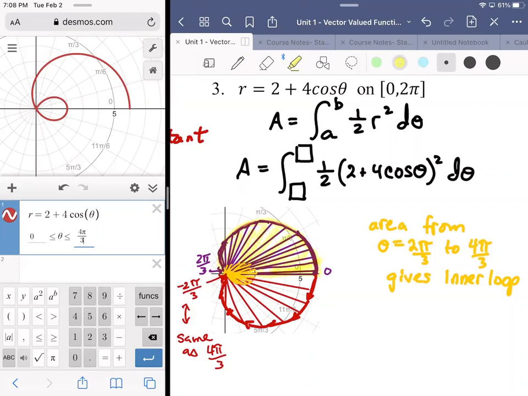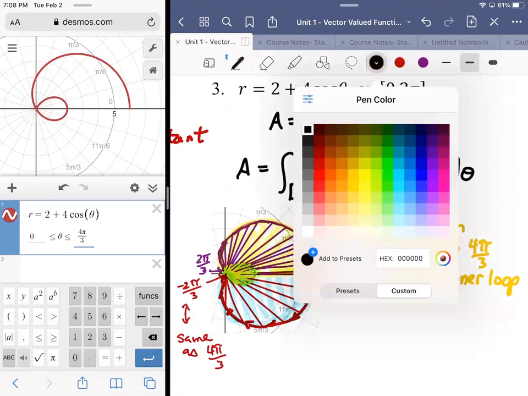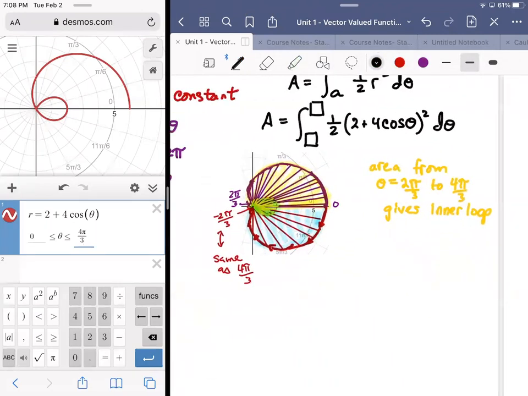Then we would go into the inner loop and count all that stuff again before picking up the bottom half of that inner loop on the return trip. So long story short, we can't go from 0 to 2 pi, because we're going to double count that inner loop.